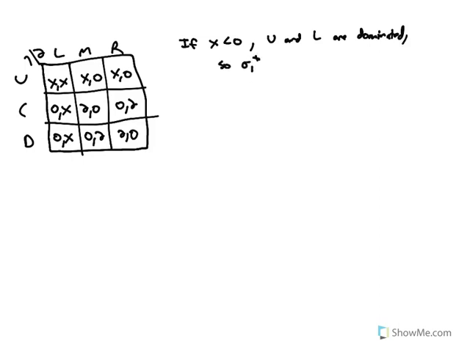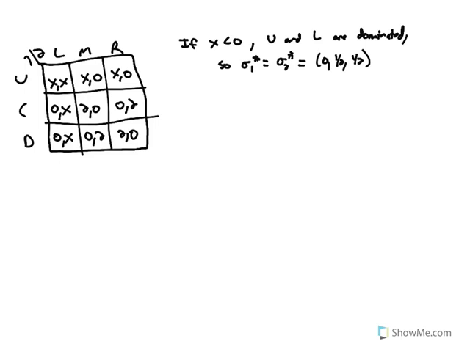So sigma 1 star equals sigma 2 star equals (0, 1/2, 1/2). That's the unique mixed strategy Nash equilibrium. There's no pure strategy equilibria in the matching pennies game. They would just play 50-50 on C, D, M, R. All right, so if x is negative, the equilibrium is very easy.